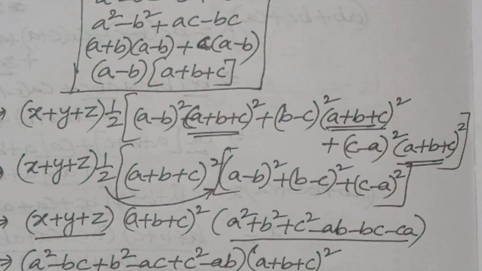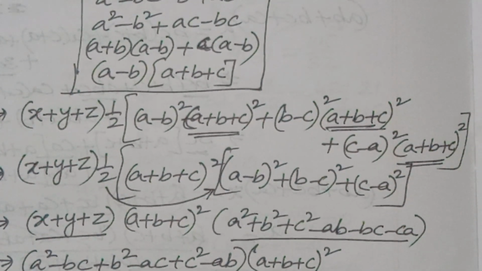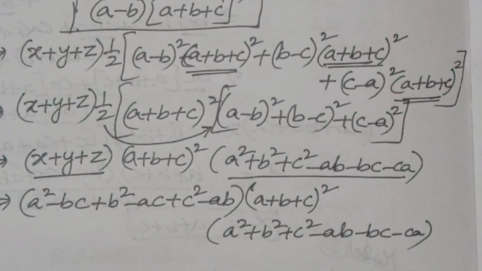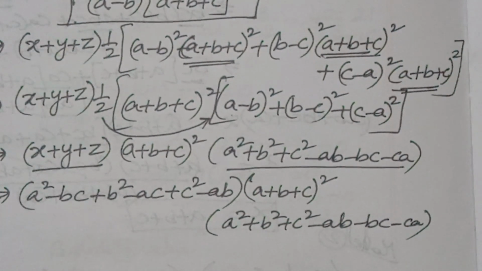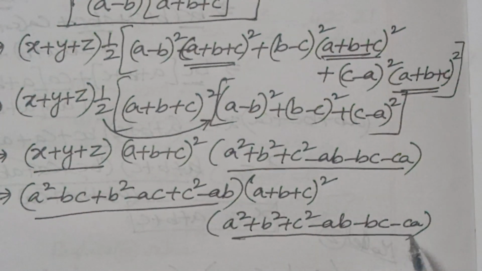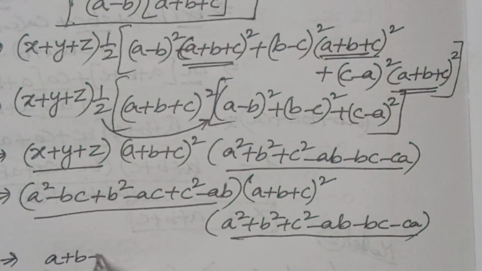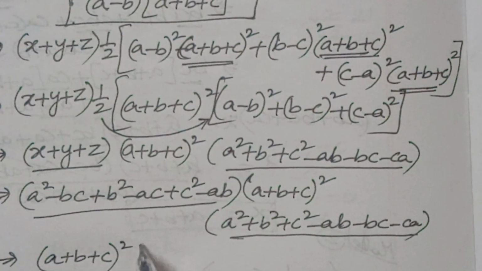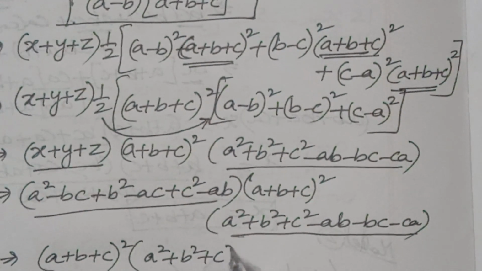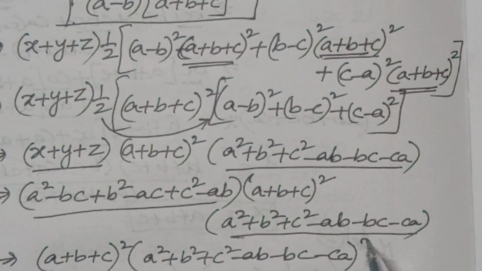So here what will we get: a square plus b square plus c square minus ab minus bc minus ca. Now this term and this term are same. So a plus b plus c whole square into a square plus b square plus c square minus ab minus bc minus ca whole square.